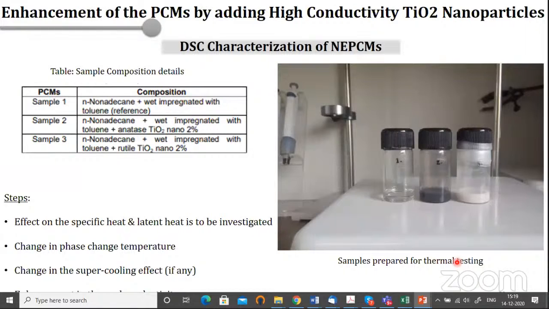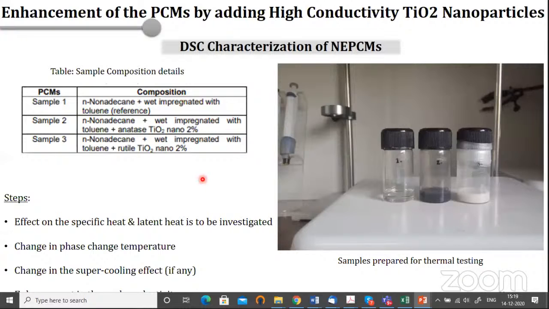We have made a couple of different nanoparticles and mixed them with our phase change material. Here we have taken anatase type titanium oxide and rutile type titanium oxide. The anatase type has more carbon content compared to the rutile type.